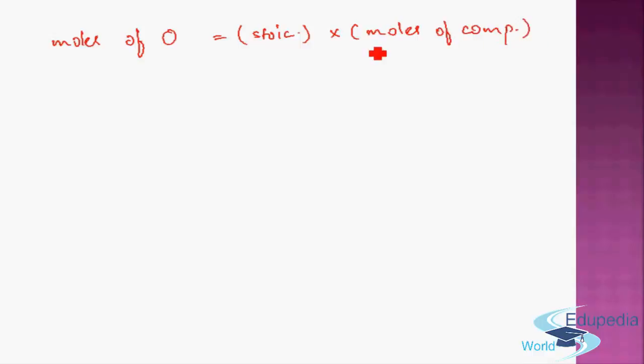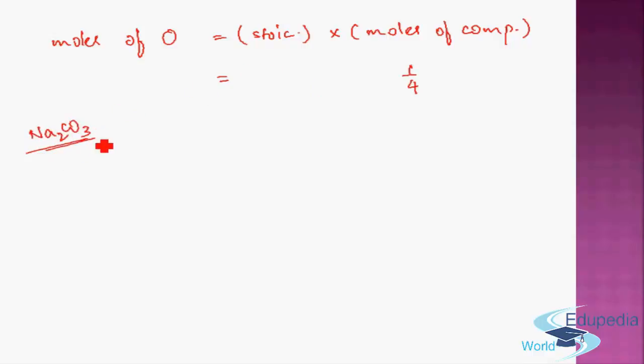So from here it is pretty easy. We have to calculate moles of oxygen. So moles of oxygen atoms inside the compound will be stoichiometry of oxygen in the compound multiplied with given moles of the compound.